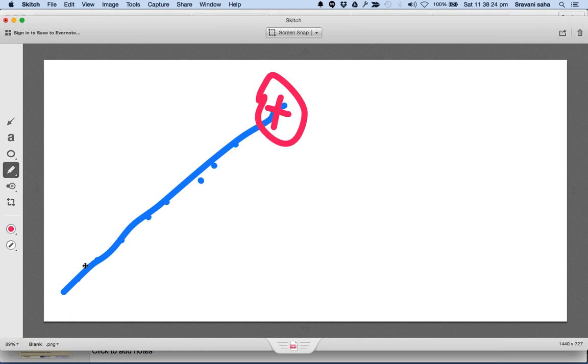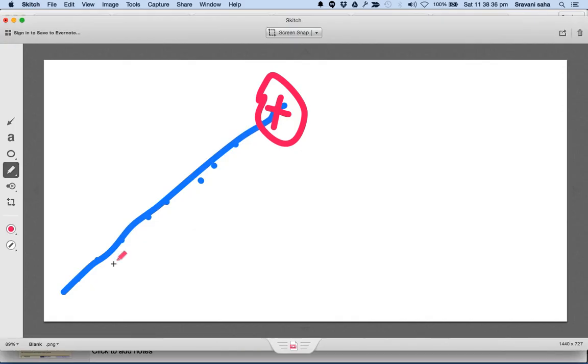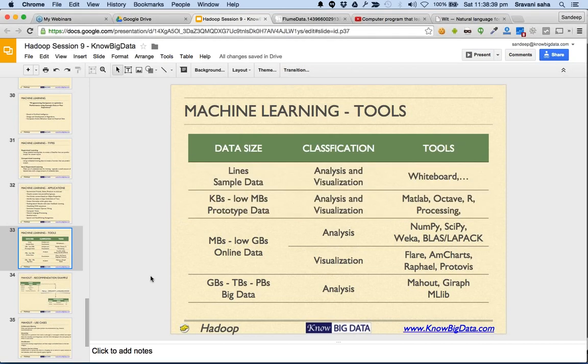This is the easiest form of machine learning. We just plotted a graph and did the prediction. If you have few records, you can draw such a line on the whiteboard and start doing the prediction. You don't require any other tool other than a whiteboard.